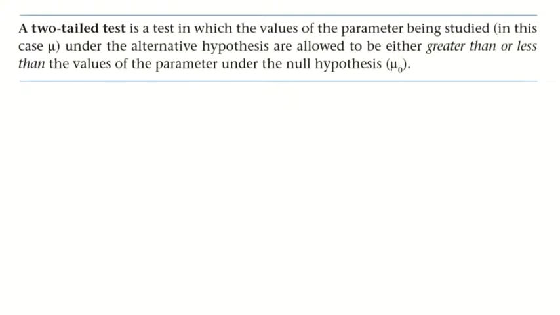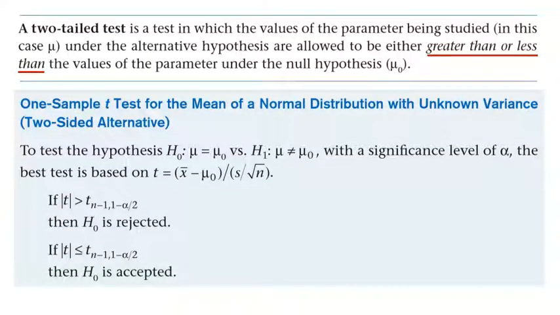We will deal with that particular problem later on. This time we have a two-tailed test. In a two-tailed test, instead of stating your alternative as less than or greater than the population mean, you have something like not equal to the population mean. When your alternative hypothesis is stated this way, you do a two-tailed test.